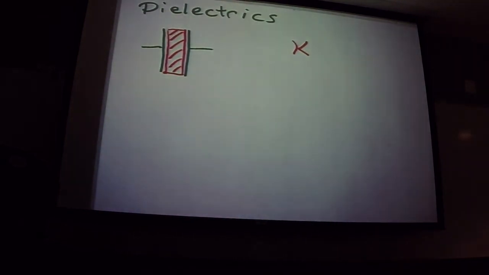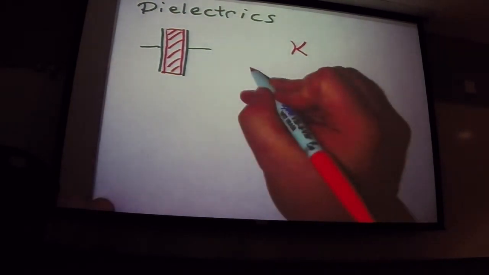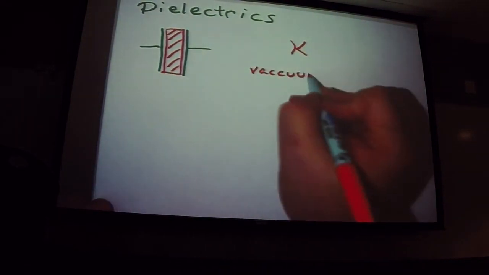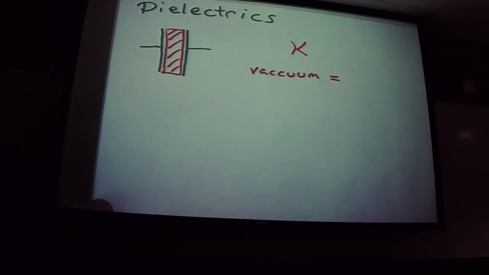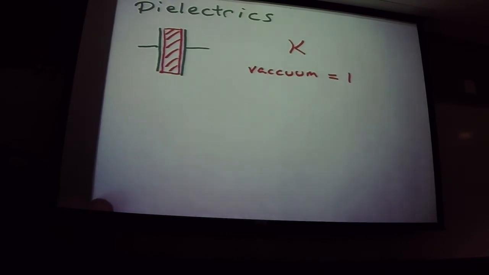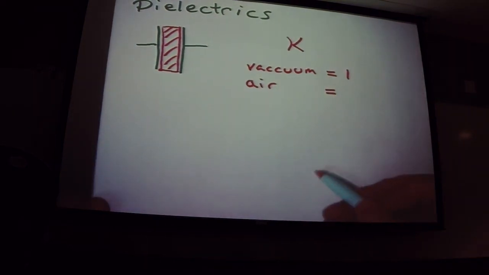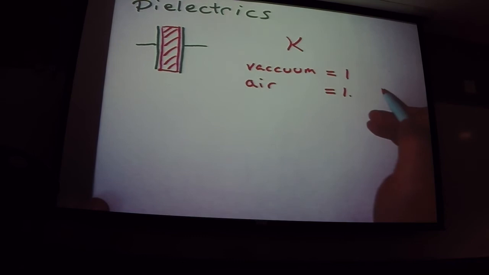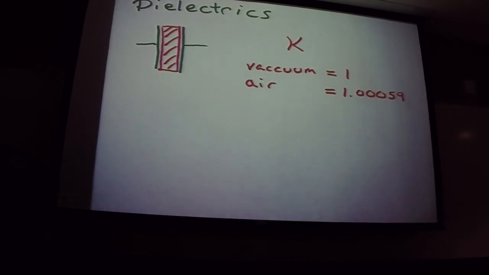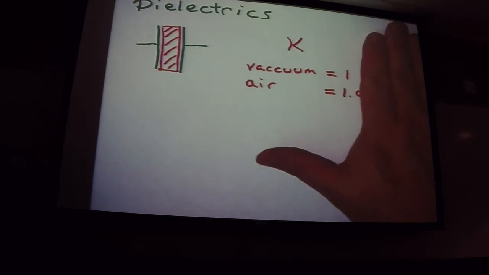So when they talk about vacuum, which is outer space, so to speak, kappa is 1, okay? If you have air, it is 1.0000059, and that's generally why if I say air on a test, unless I tell you specifically, it's 1, okay?